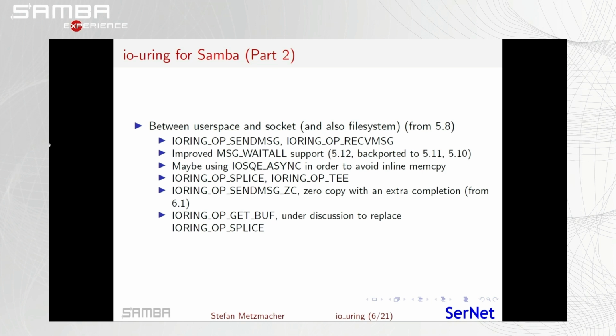There is a flag called IOSQE_ASYNC, which forces processing in a helper thread, and we may decide to use that because for large I/O, the memcpy operation blocks the process, and we may want to defer that memcpy into threads in order to be able to process more requests in the main thread.